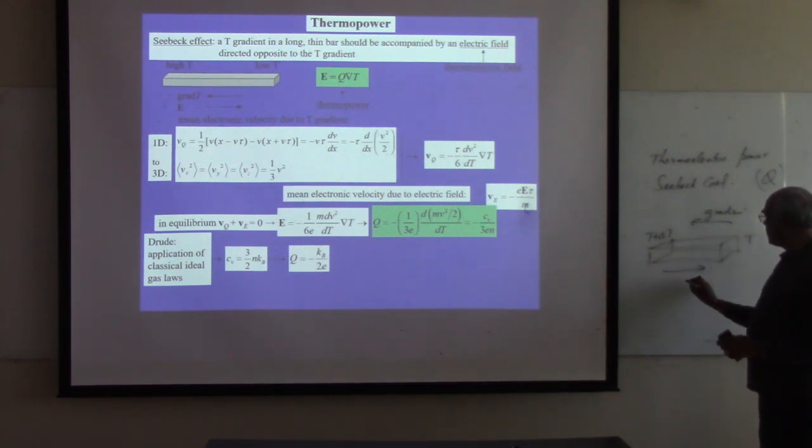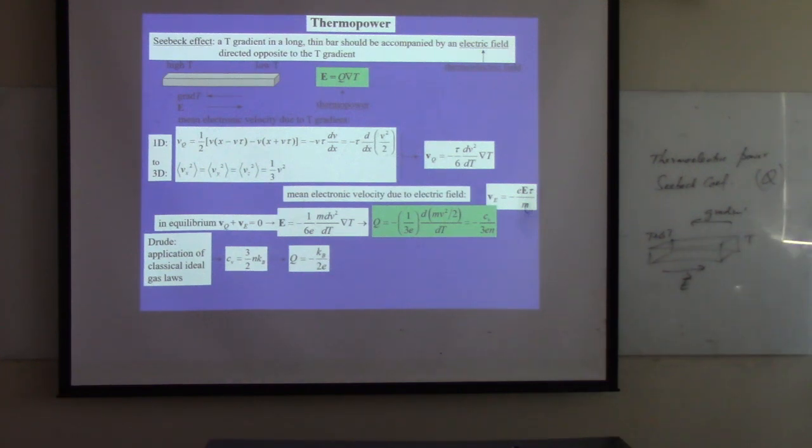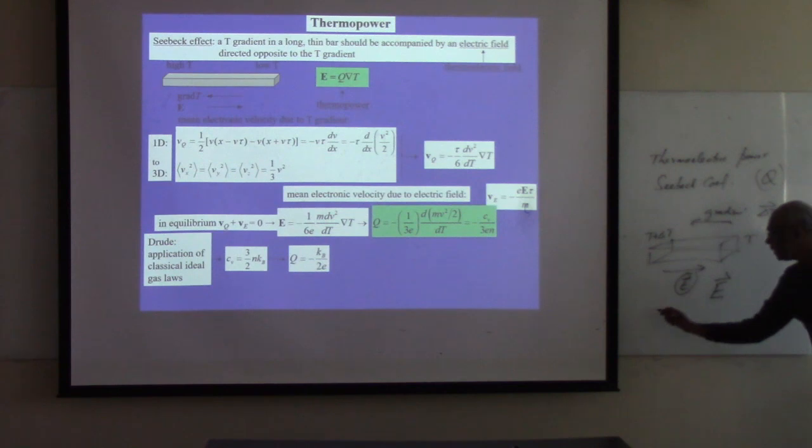Typically, if it's a metal, you have an electric field in the opposite direction of your temperature gradient. So grad T is in this direction, then the electric field is in this direction. We define the thermoelectric power through this electric field. This is very important: this is not an external electric field.